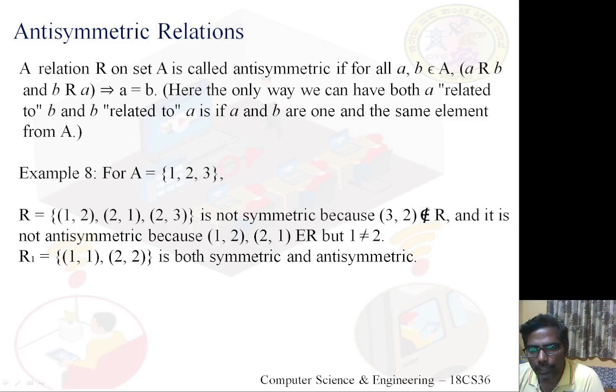But in R1 there are no two pairs of the form (a, b) and (b, a), so there is no question of comparing a and b. So R1 is antisymmetric.